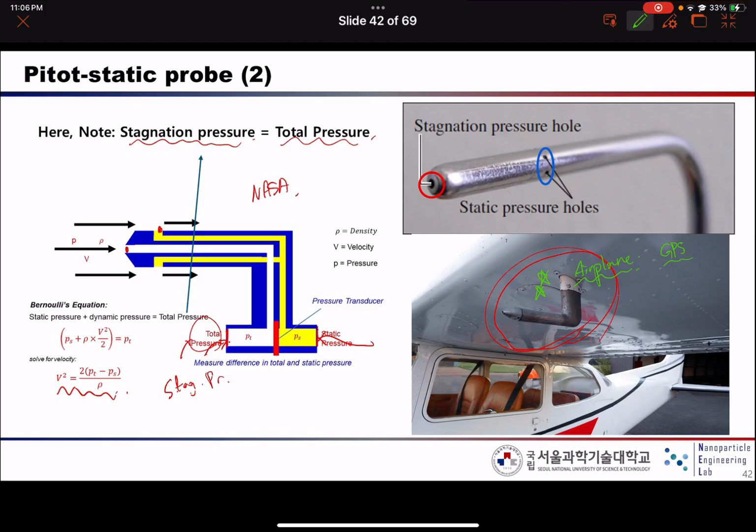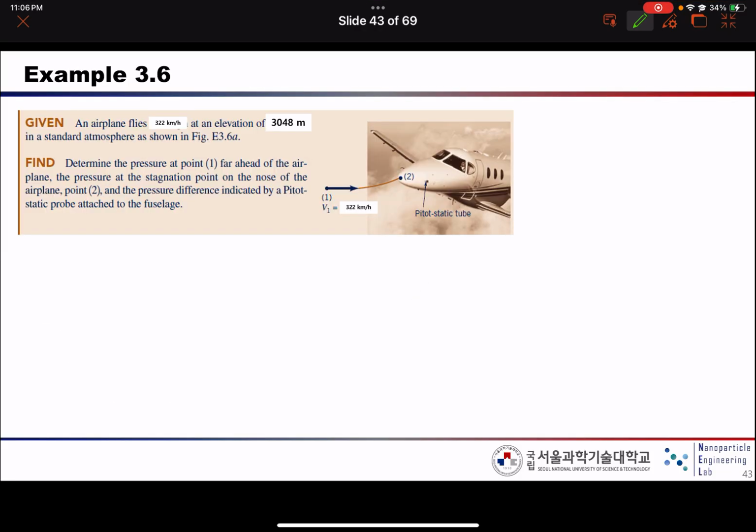So the airplane used the pitot-static probe, and we can obtain the velocity of the airplane by using this device. There is some animation here: this red one, and here is the blue one.